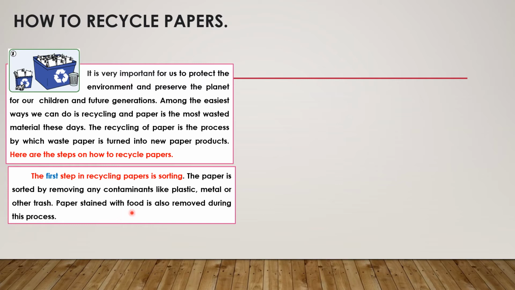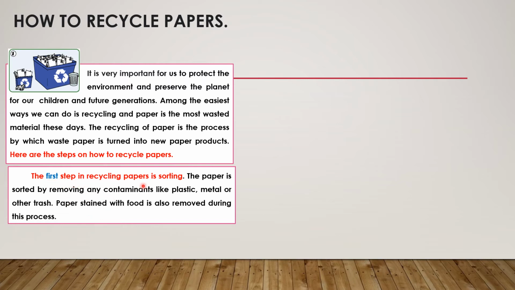Paper stained with food is also removed during this process. When we order food, for example, they put our food in paper boxes, so there's going to be stains from the food that we order. Those are also removed during the sorting process. So this is the first step.